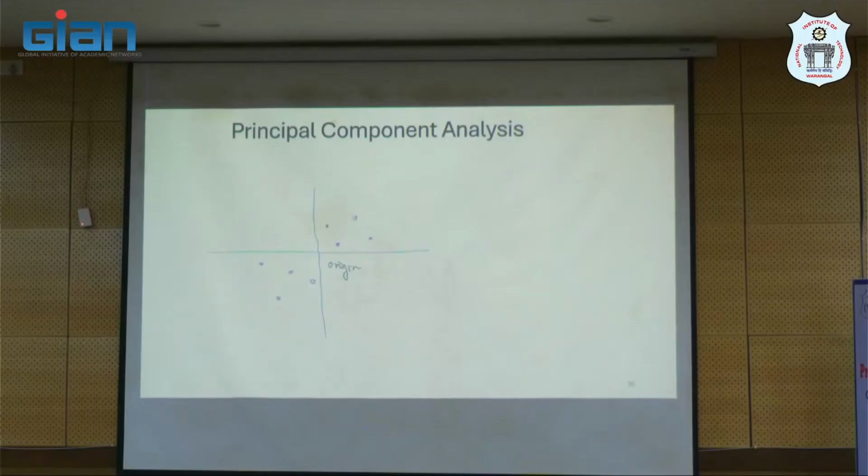So around the origin, the data points are centered. This is an important point to be considered for principal component analysis. If you do not have a data set like this, what you should do is centering. So how can you do that? Given a data set, let us consider a data set where all points are like this.